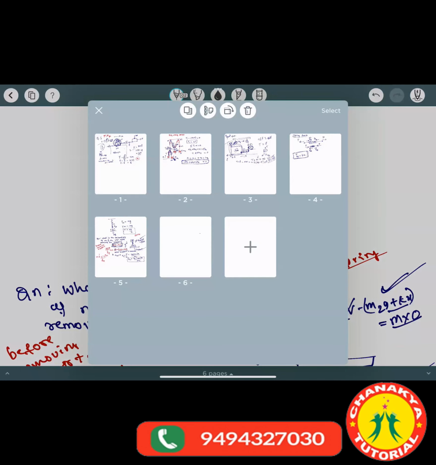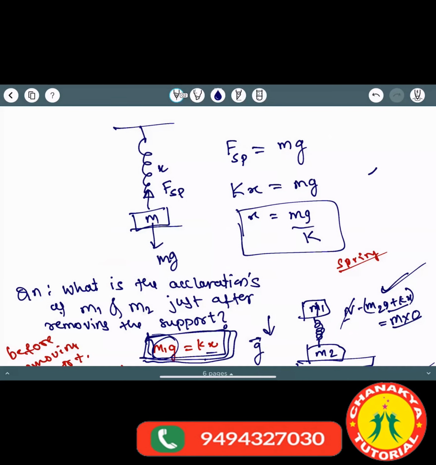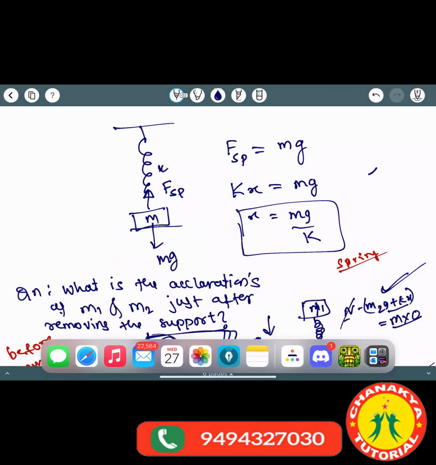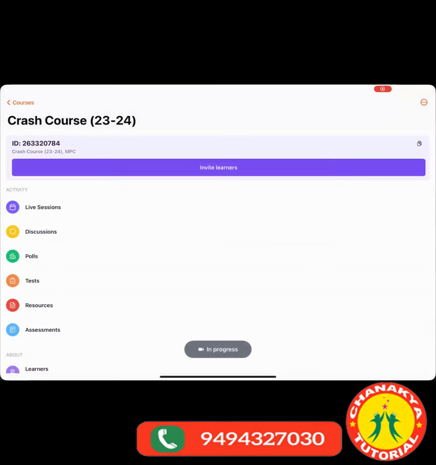Sir, can you tell me the acceleration part after removing the support of first mass? Yeah, so you think again. I will explain. Okay, think again. Everything is written. Yes, sir.